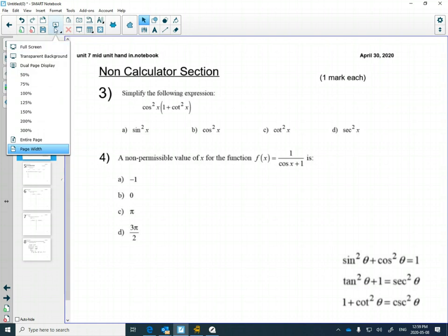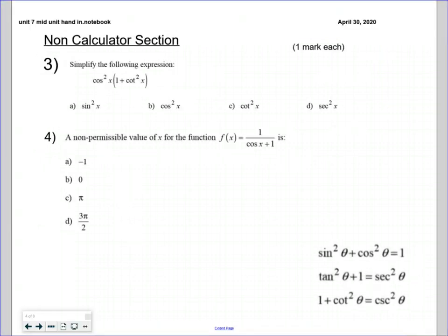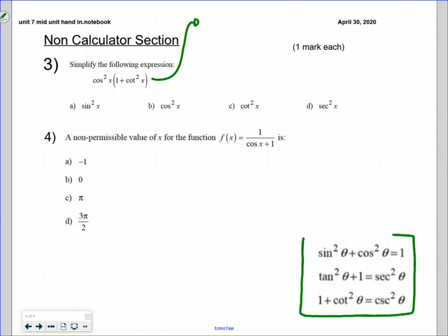All right, so important to have your formula sheet in front of you. Cos squared times 1 plus cotangent squared. A lot of different ways to do these questions, but since this question says cos squared and cotangent squared, it should make us think of these Pythagorean identities. So there should be a quick way to simplify this.